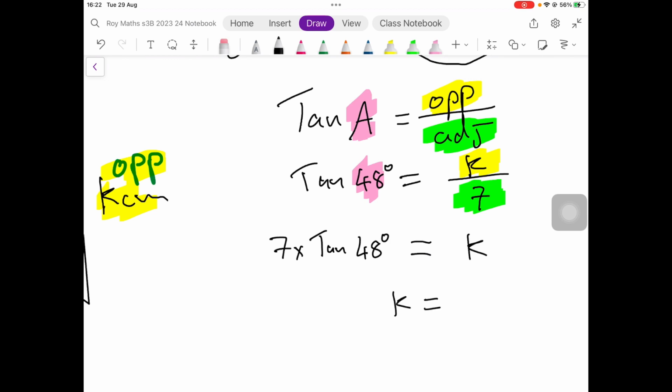Make sure our calculator is in degrees mode and type in 7 times tan 48, and hopefully we get 7.7742 and so on. Let's round that to one decimal place. k equals 7.8 to one decimal place, and that's centimeters.